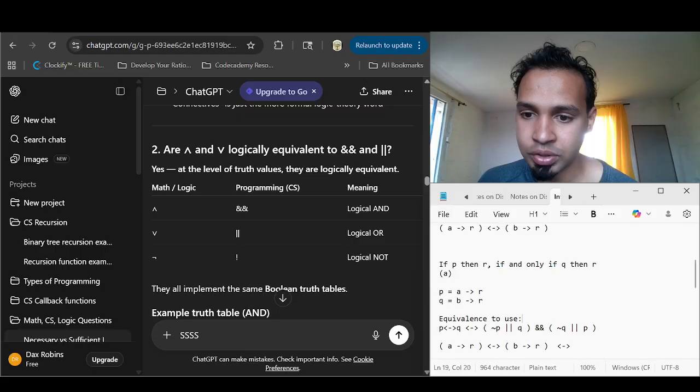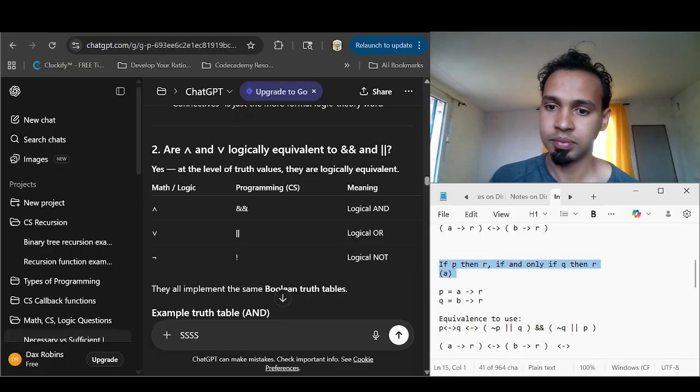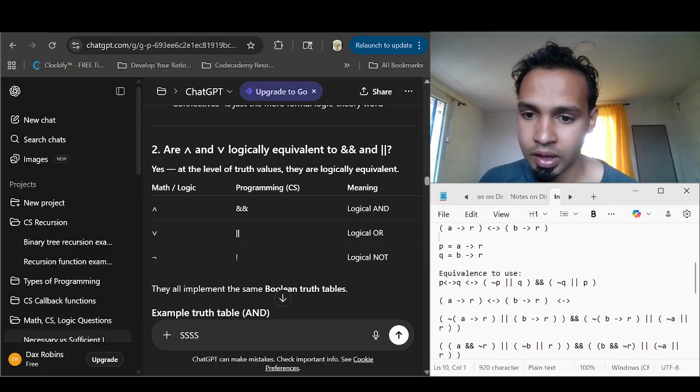That's what I was doing before, and I just want to polish it. Basically, P equals if A then R, and Q equals if B then R. So I'm substituting P and Q with if A then R and if B then R. That's what we're going to go ahead and do.